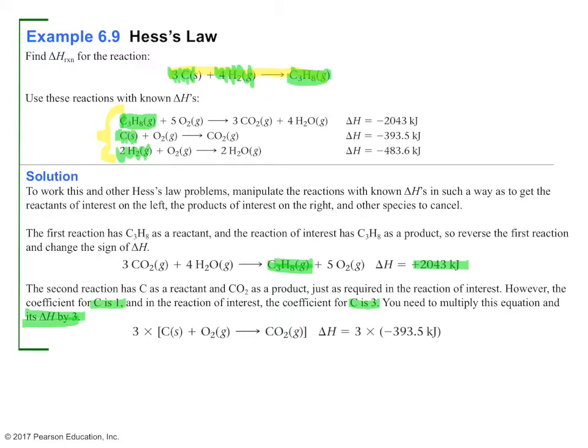So here you'll see that we have 3 as our coefficient, and we have to multiply this entire reaction by 3. That also means we multiply the delta H by 3. We don't change the sign because we did not flip the reaction.